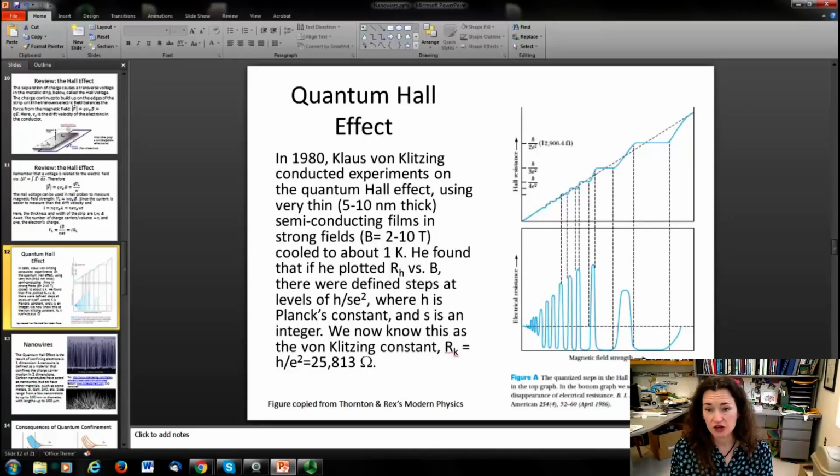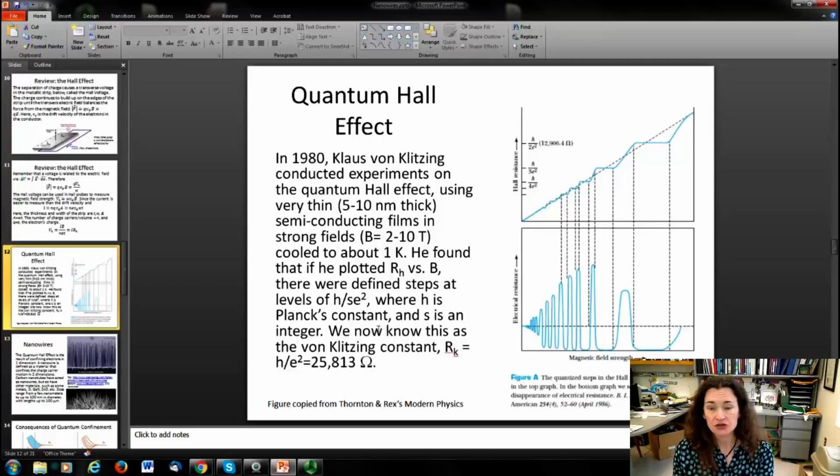The values were h, Planck's constant, divided by s, an integer, divided by e squared, the charge on an electron, 1.602 times 10 to the minus 19 coulombs, squared. So these integer steps, h over e squared, became known as the von Klitzing constant, R sub K. And if you solve for it, this value is about 25,813 ohms.